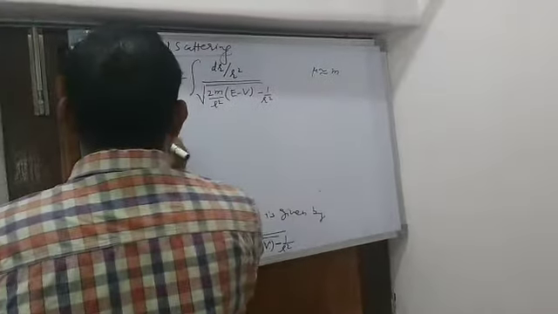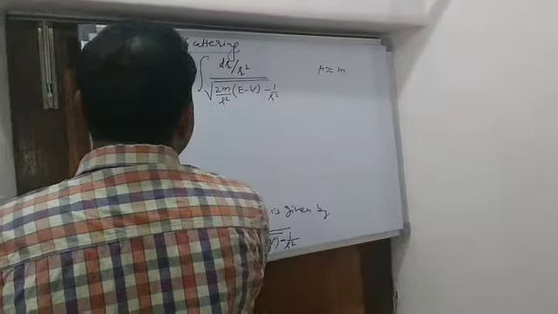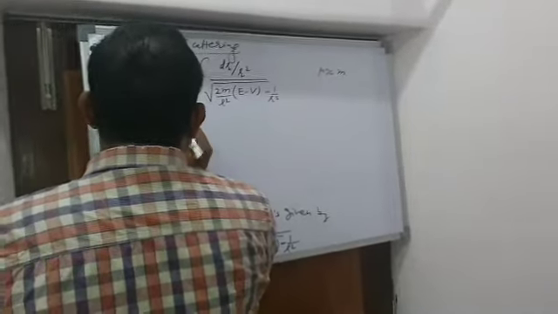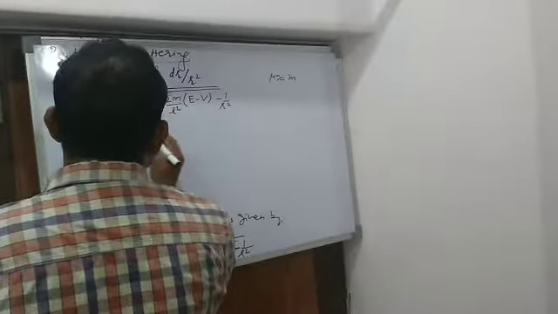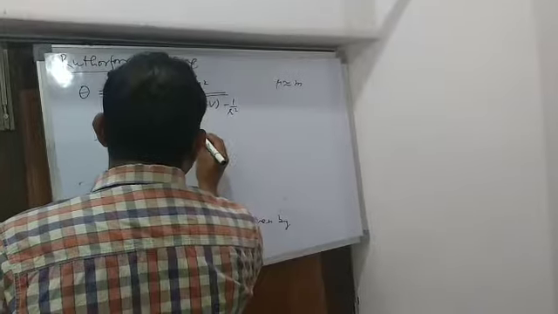Now I will make a substitution from our previous discussion. Remember, L was m b v0, which was root 2mE and s.